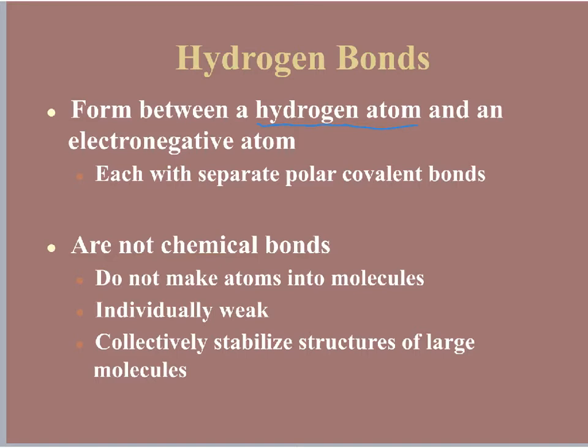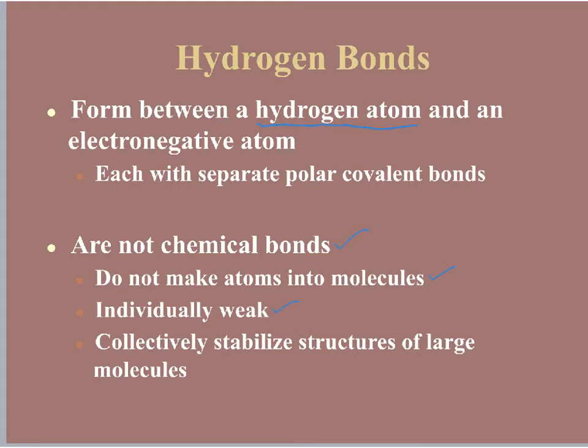Hydrogen bonds are a little different in that we like to say they're not actual chemical bonds, and the reason for that is they don't make atoms into molecules, and they're very weak, so they can very easily be broken. If you think about a really large molecule, the areas where you have hydrogen atoms tend to stabilize areas where you have slight negative charges.